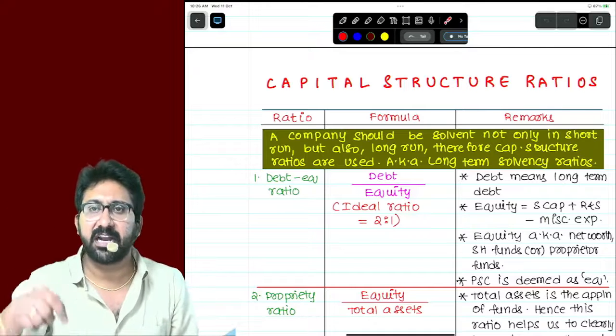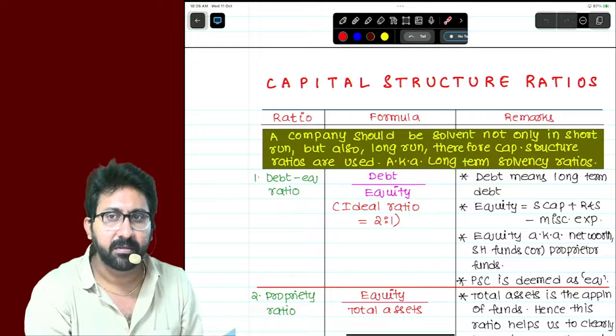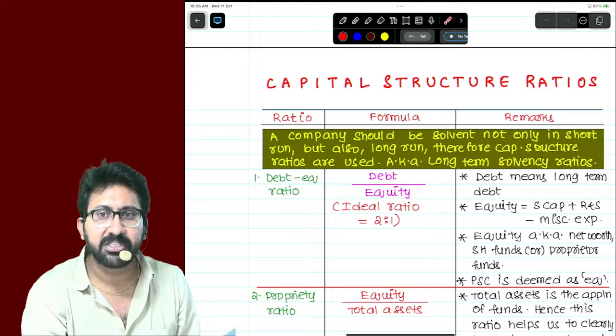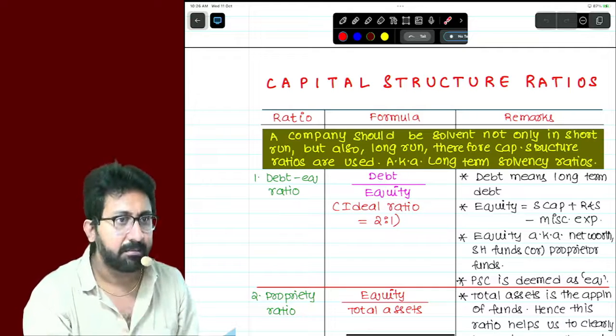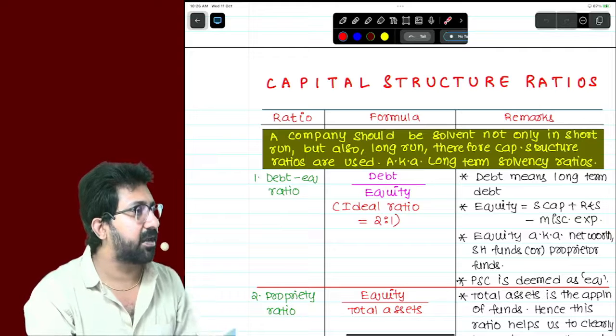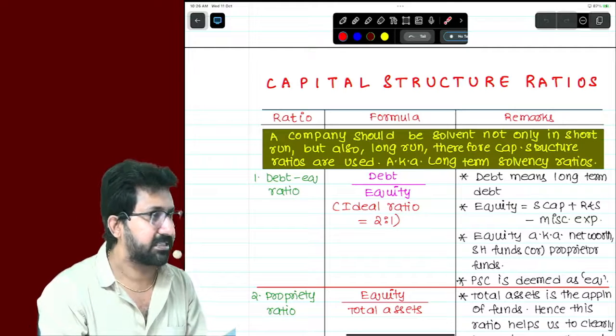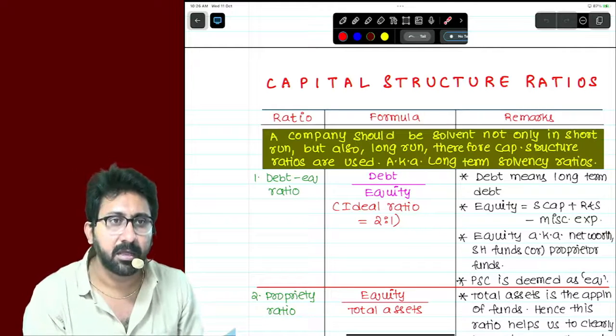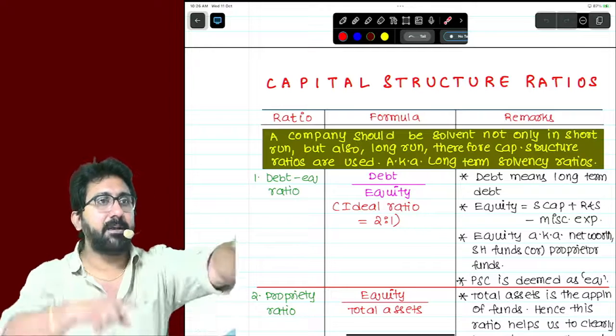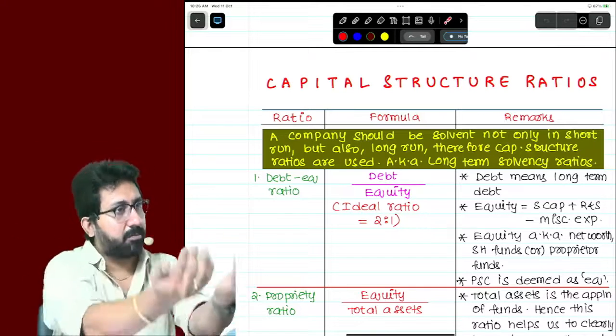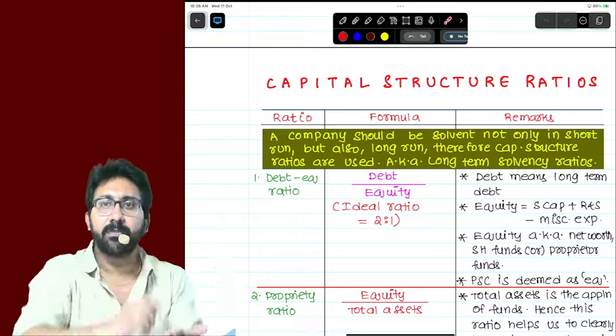Do you know what the advantage of having debt is? It is the cheapest source of finance, because debentures are issued at 10%, 11% interest. For example, you are all the debenture holders. I took money from you and issued debentures.